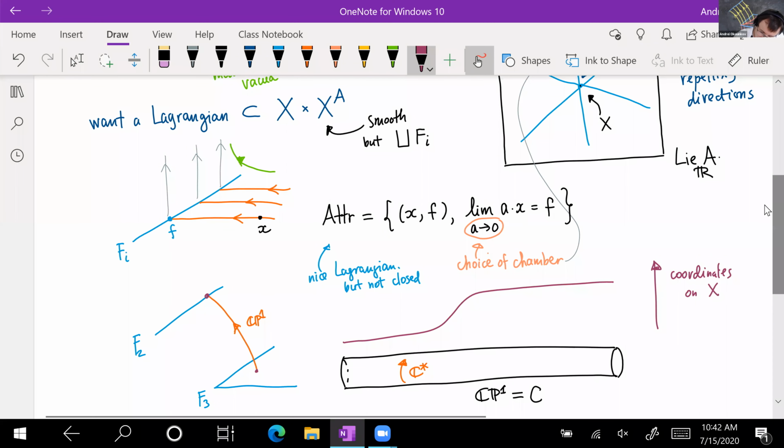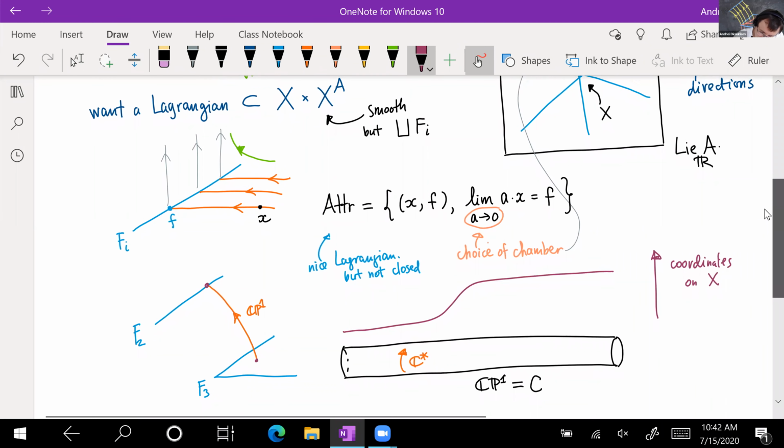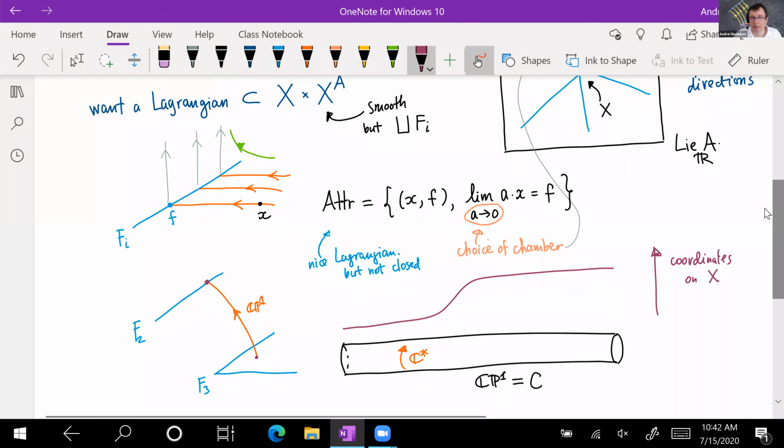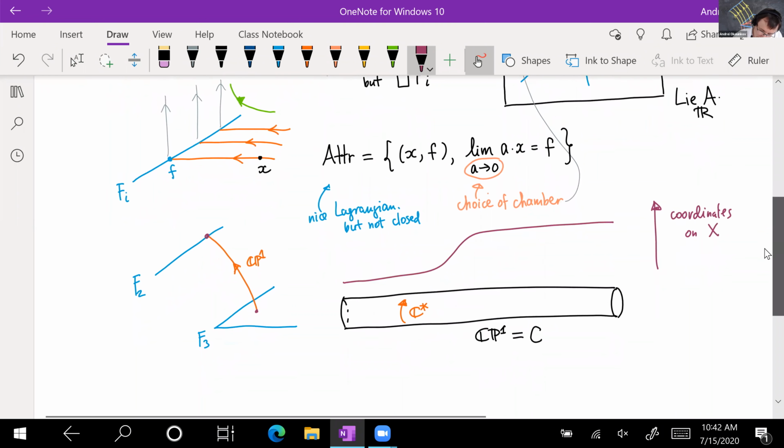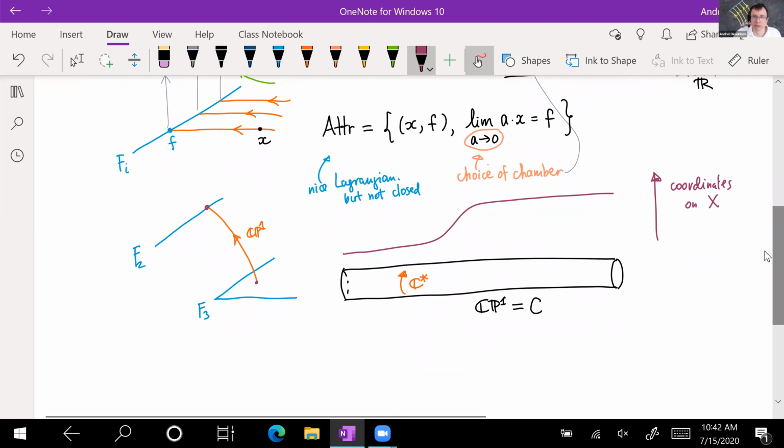In other words, if I try to write down some sort of interface between one vacuum and another, we have to think about the fact that there are these trajectories. The way we're going to deal with it is that we allow these trajectories to break.